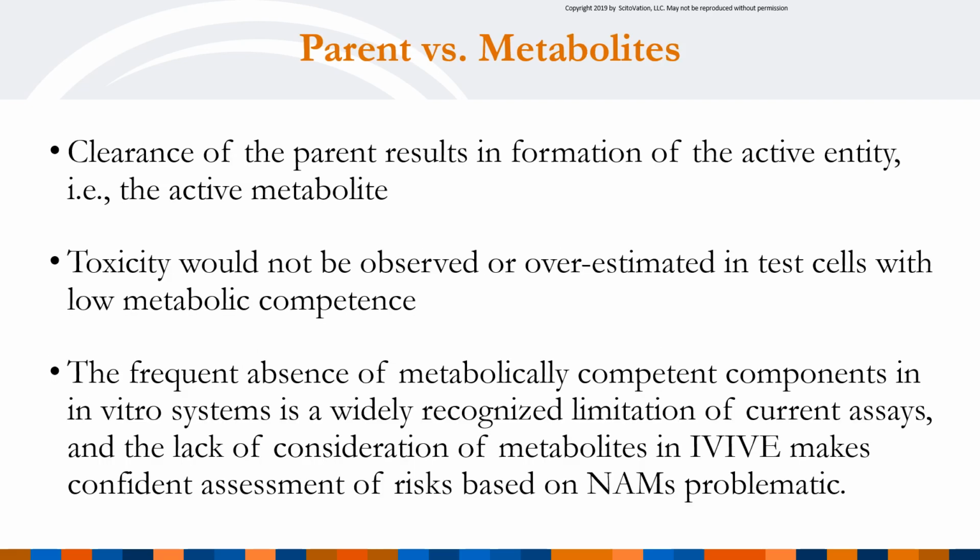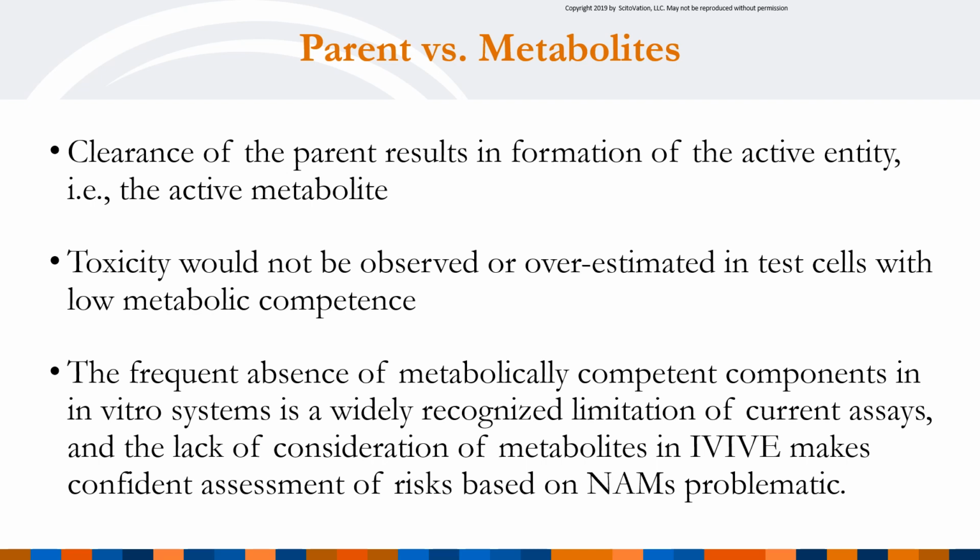The example of the parent versus metabolites: the clearance of the parent results in formation of the active entity or active metabolite. So toxicity would not be observed or would be overestimated in test cells with low metabolic competence. The frequent absence of metabolically competent components in in vitro systems is a well-recognized limitation of IVIVE and current assays.